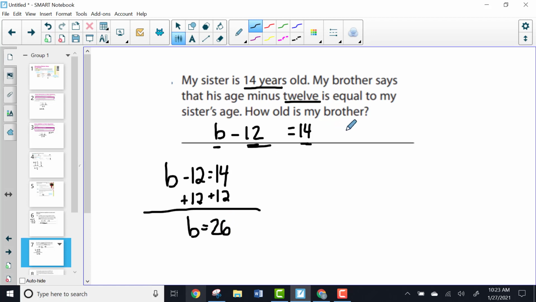So how old is the brother? 26 years old. So in other words, if we were to plug in 26 for B, 26 minus 12 would give us 14. Now that concludes the video on addition and subtraction equations. If you have any questions about this concept, please come and see me.